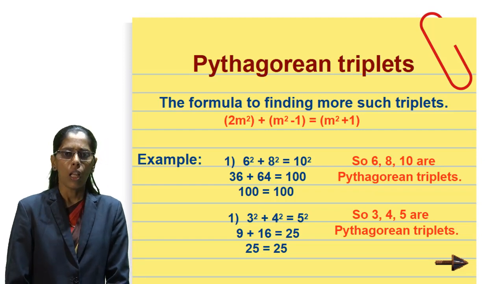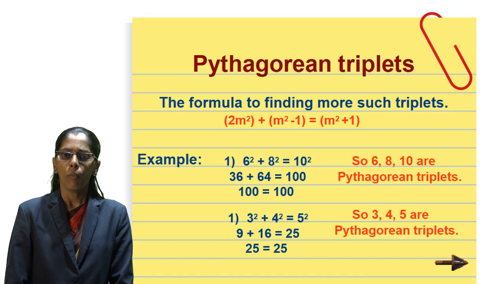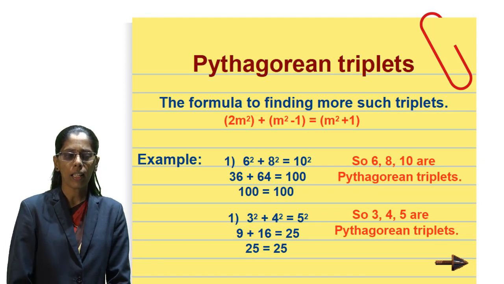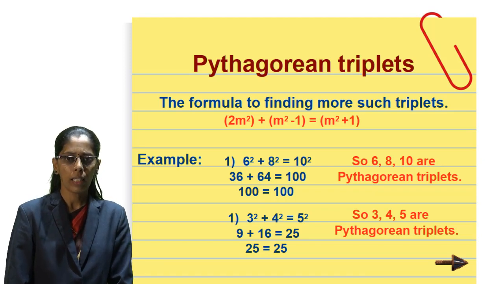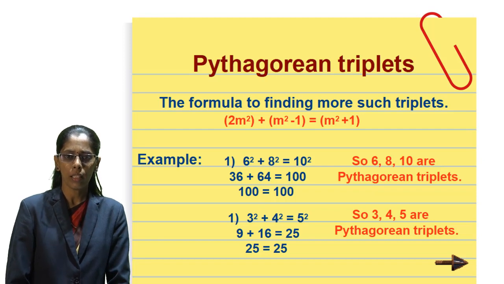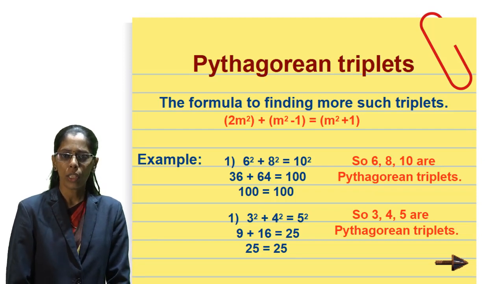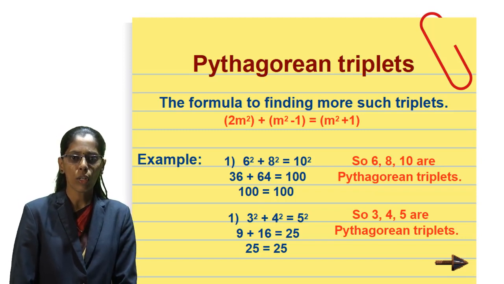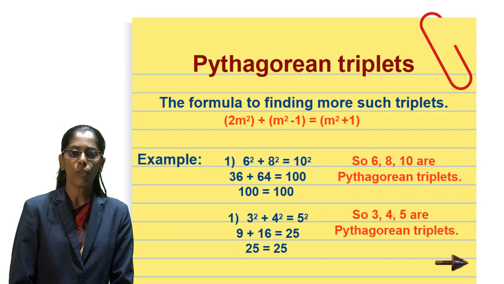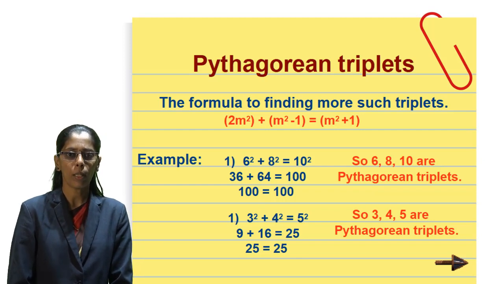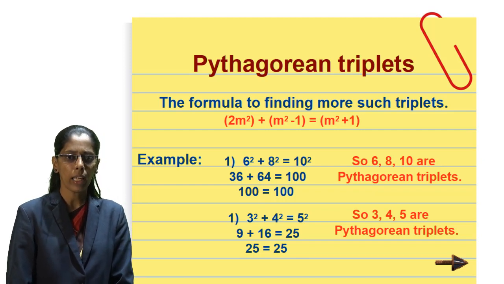For example, 6, 8 and 10. The first member is 6, the second member is 8 and the third member is 10. Then how do we check these numbers in a Pythagorean triplet? Let us see which is the longest one. 10 is the longest length. So take the square of 10 and the squares of the remaining two numbers, square of 6 plus square of 8.